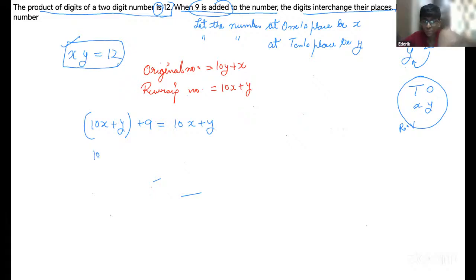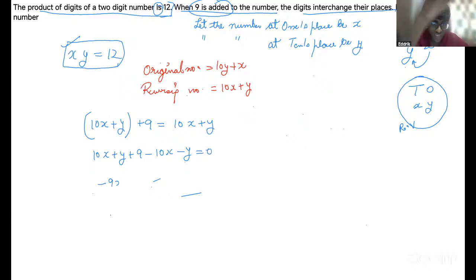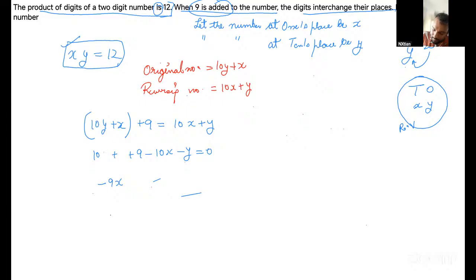First write 10y plus x plus 9 equals 10x plus y.